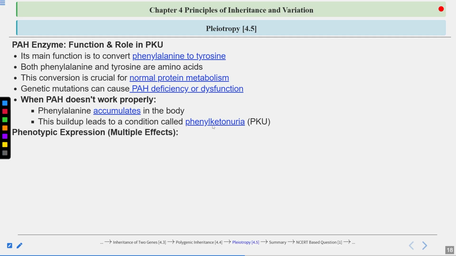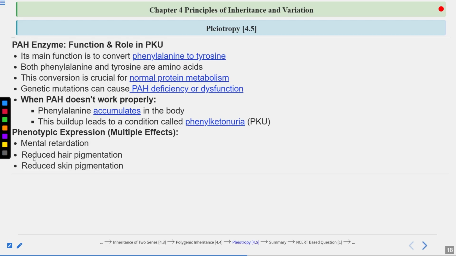Because of the accumulation of phenylalanine, what happens? Multiple phenotypes are shown. One trait is mental retardation, another is reduced hair pigmentation, and another is reduced skin pigmentation. These are the three effects observed in phenylketonuria.